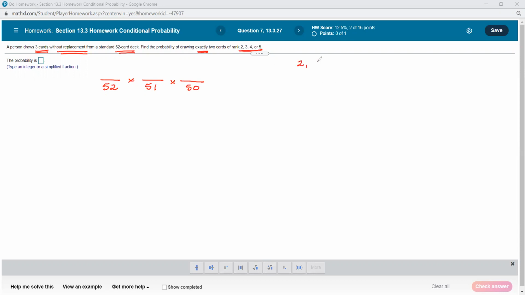There is a 2, a 3, a 4, and a 5 in each of the 4 suits. So 4 cards each from 4 suits is 16 cards. So this set we're looking at contains 16 cards.